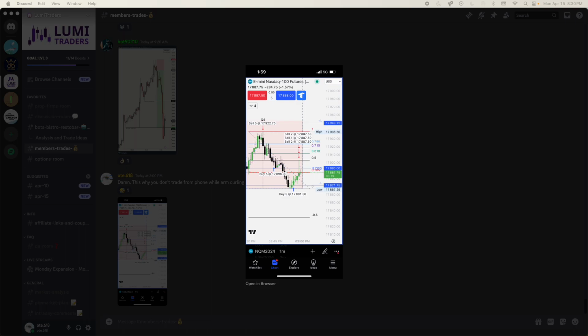All right. What else do we look for? Good swing. Here's the 15. I'm gonna take the last one here. We took the entire leg, which on a lower time frame is what? On a lower time frame, it's a manipulation leg.